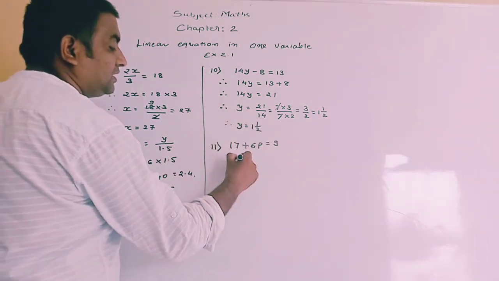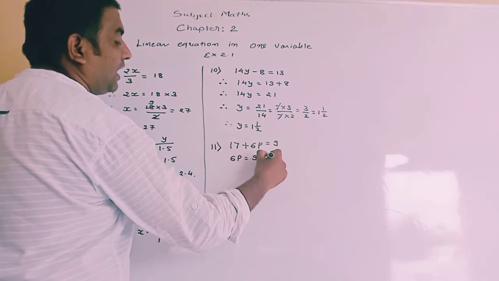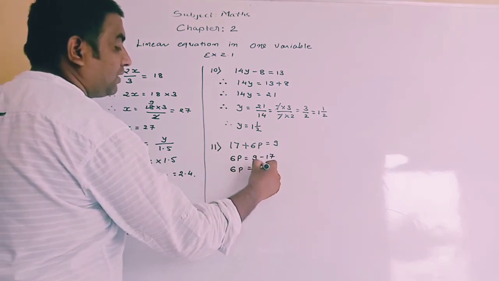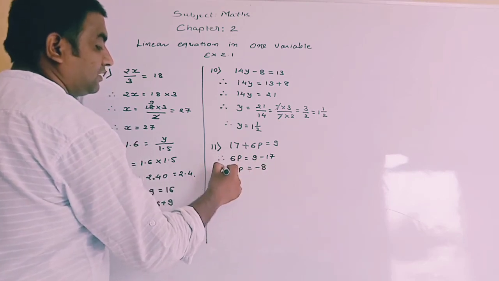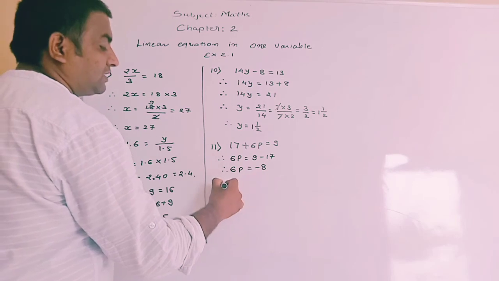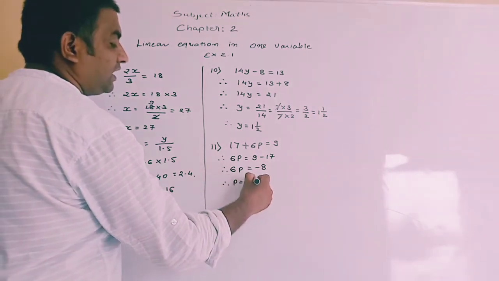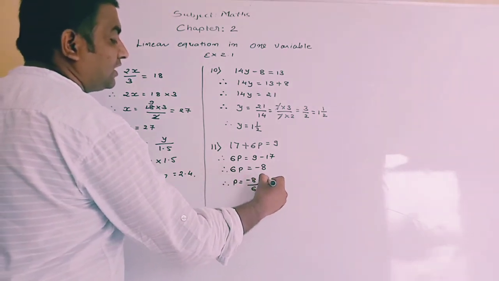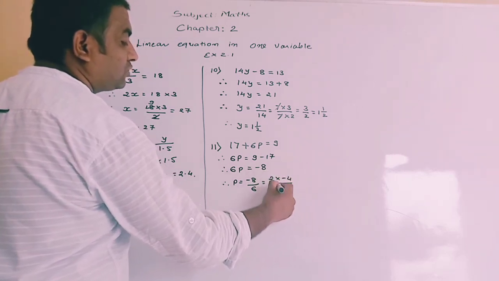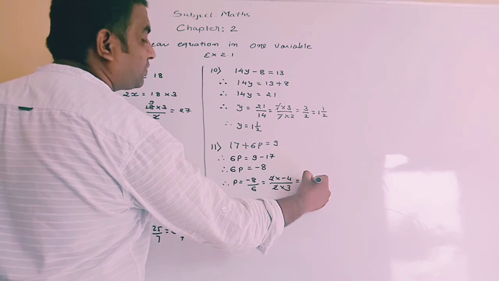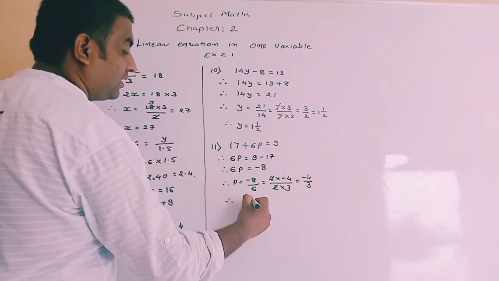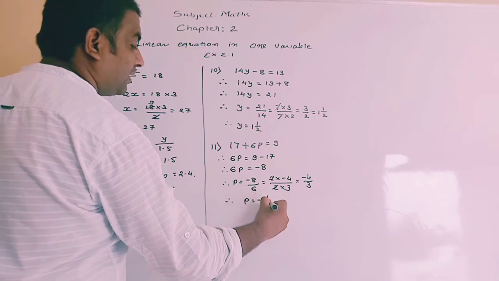So 6p is equal to 9 minus 17, and so 6p is equal to minus 8. So now 6 will go into the divide relation. So p is equal to minus 8 divided by 6. So it is 2 into minus 4 and 2 into 3. So 2 will cancel, minus 4 by 3. And so we convert into a mixed fraction, then it will be minus 1 and 1 by 3.